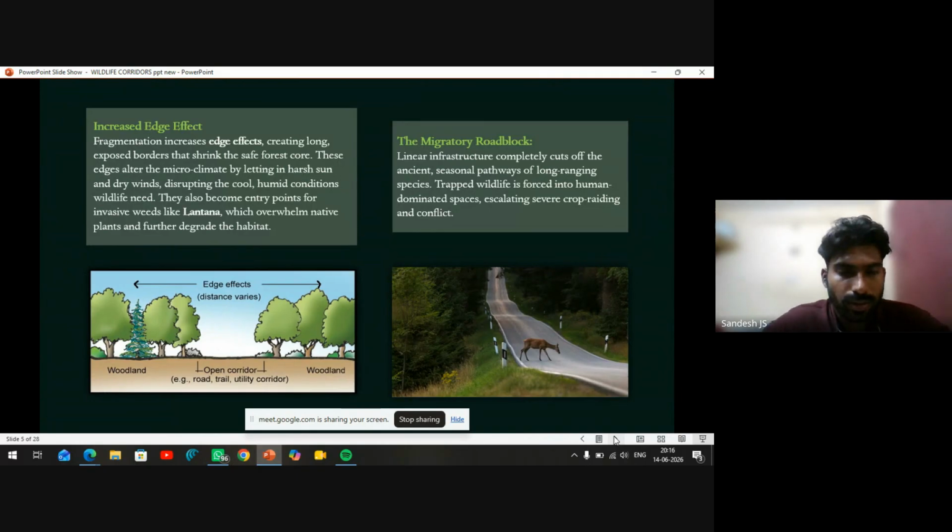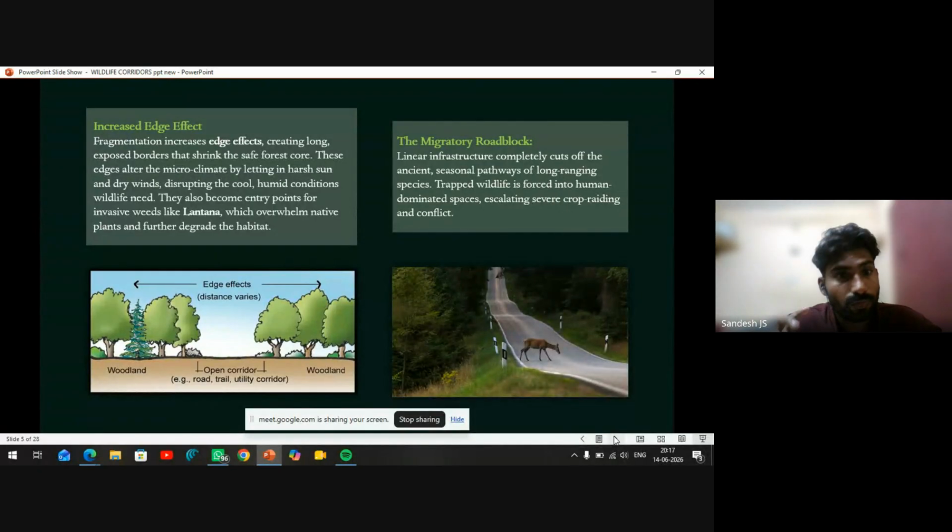So when the edge effect increases, creating a long exposure, it will change the microclimate of the internal forest core. Like mentioned, the dry winds and harsh sunlight will disturb the cool, humid conditions in the forest core.